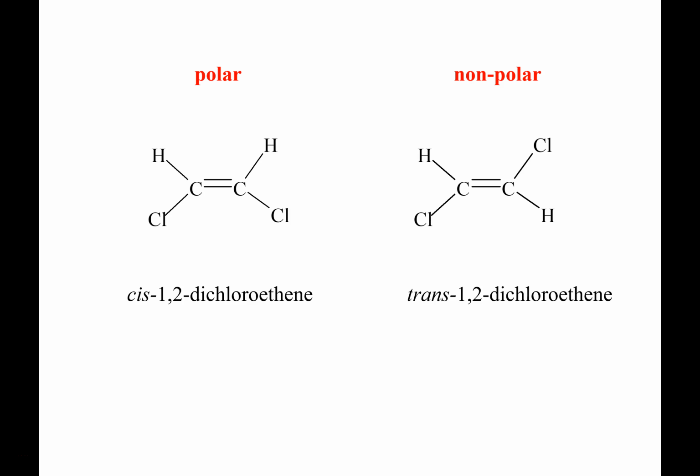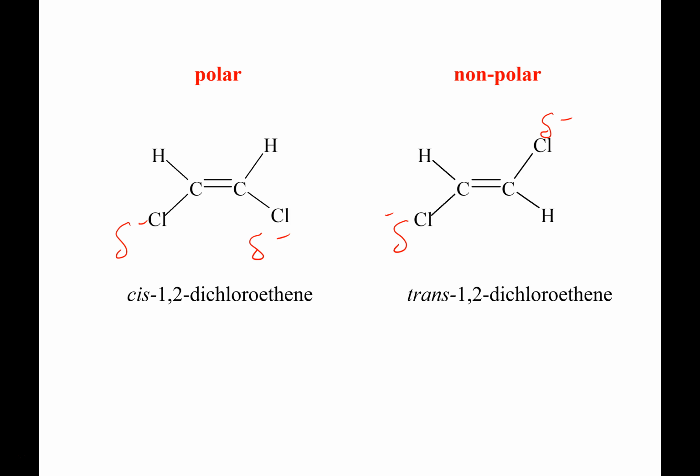With that in mind, we know that the chlorines are highly electronegative, so I'll put a partial negative there, and a partial negative here. We said that with a molecule, if your regions of negativeness and positiveness coincide, then it's nonpolar.